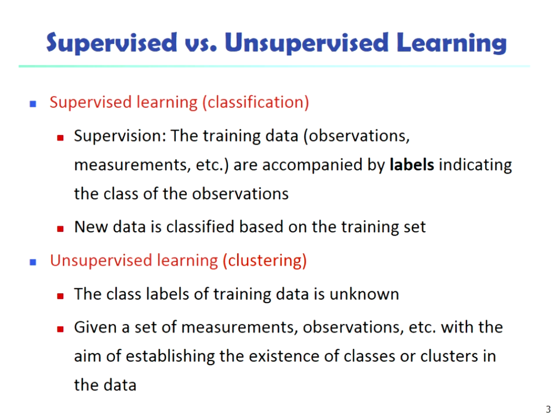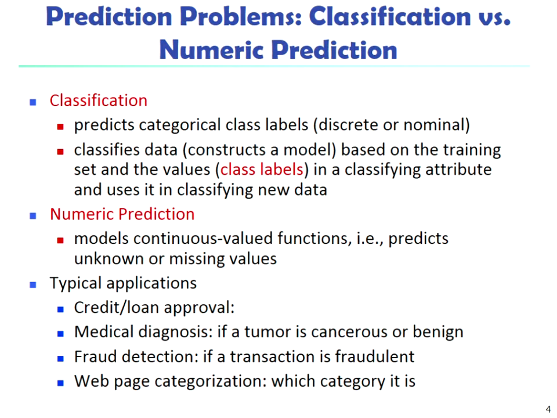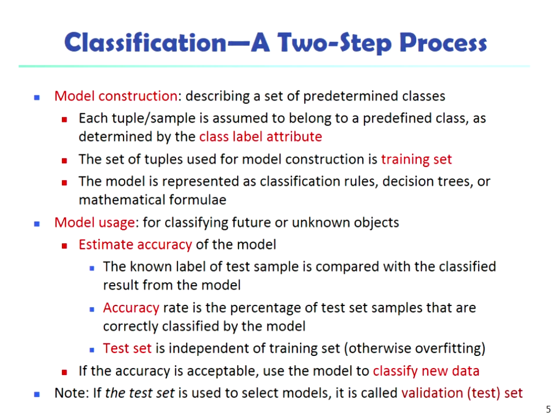Okay, after that there are two steps when we make classification. What are the steps in classification? So in classification there are two steps: the model construction and the model usage.